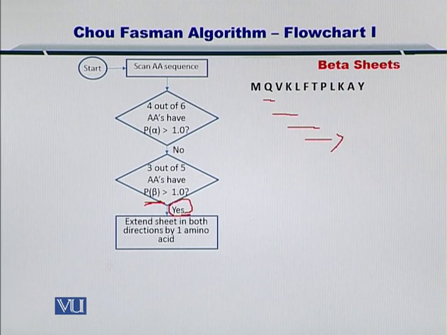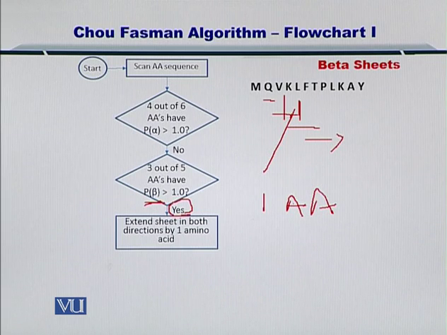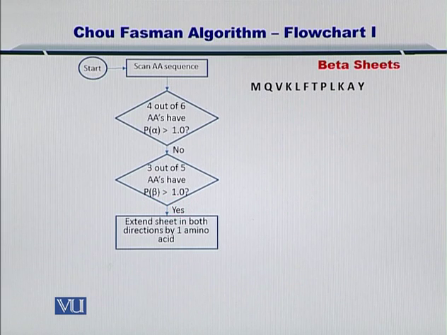like that. You have to increment at each step by 1 amino acid here, one at a time, and next you evaluate the amino acid after that.